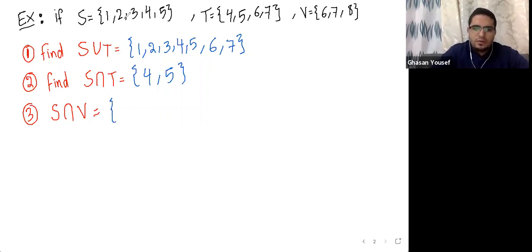The same idea, we're looking for the common elements between the set S and the set V. So if we look at 1, we cannot find anything common. 2, the same thing, not common. 3 is not common. 4, the same thing. 5, the same thing. So actually, we don't have any element. So it's the empty set, or we can define it as equal to empty.